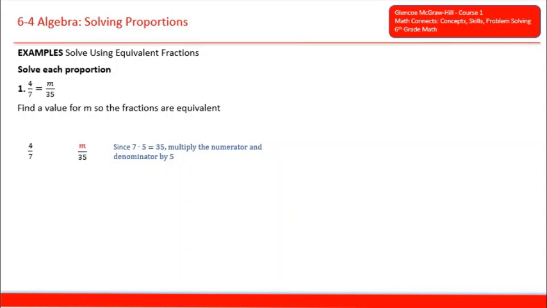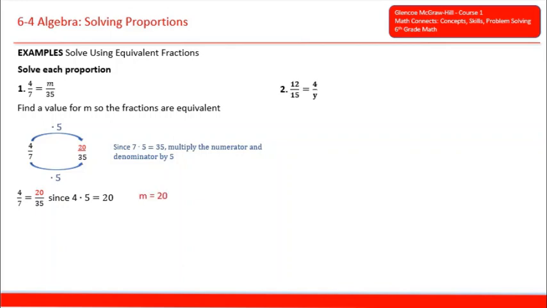Remember, whatever we do to the denominator, we have to do to the numerator. So 7 times 5 equals 35, and 4 times 5 equals 20. 4/7 equals 20/35, since 4 times 5 equals 20.